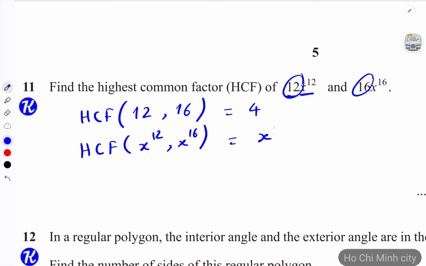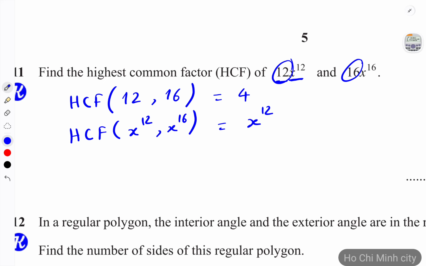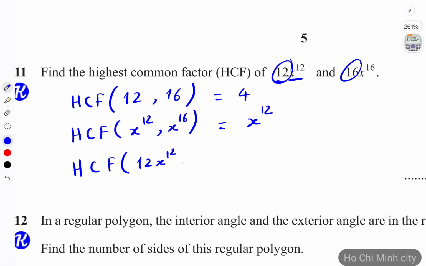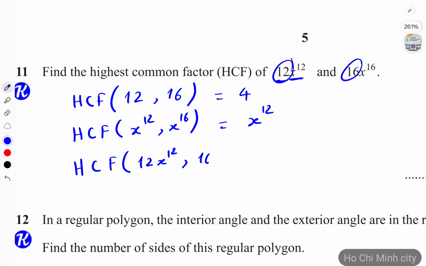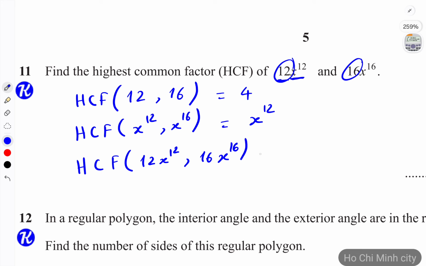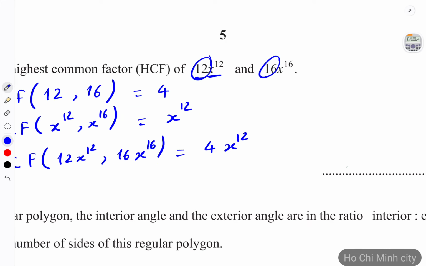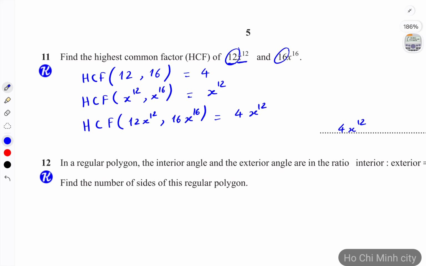So the highest common factor of 12x to the 12 and 16x to the 16 is going to be 4x to the 12. So 4x to the 12 would be put here.